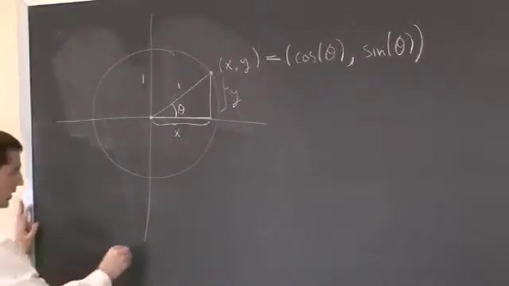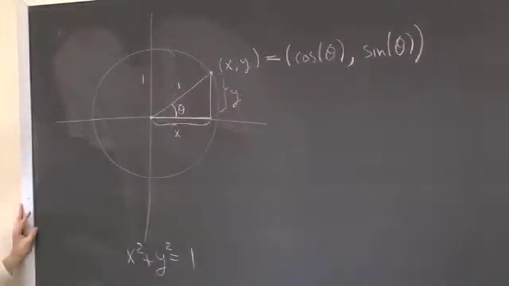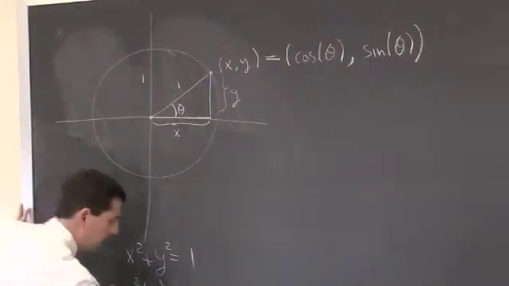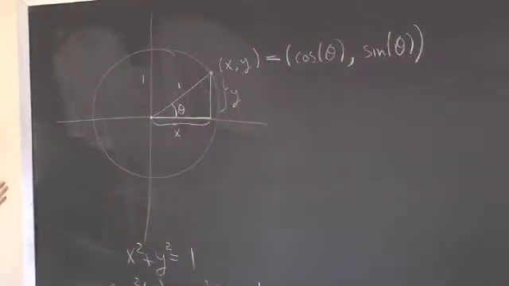And, well, since we know that this circle is given by that equation, this, of course, gave us that cosine squared plus sine squared equals 1. Right? So this was a very nice way to do things.